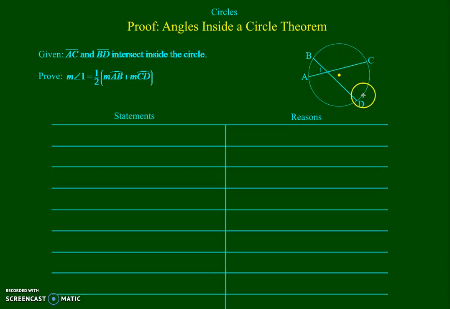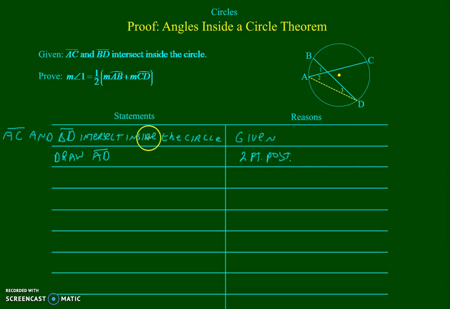So let's go ahead and draw in our information, put in our givens, and generate an overall plan for this proof. So we've drawn in our given, and we've drawn in segment AD. That establishes angle 2 as an inscribed angle which intercepts arc CD, and angle 3 is an inscribed angle that intercepts arc AB.